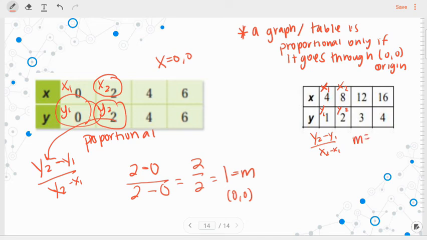My m is equal to y2, so 2, minus y1, which is 1, over x2. If I look at my table, 8 minus x1, which is 4. What does that simplify to? What's 2 minus 1? 1. What's 8 minus 4? 4. So my slope, or my m, is 1/4.